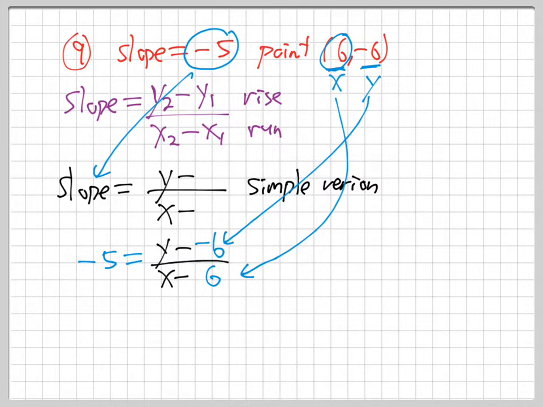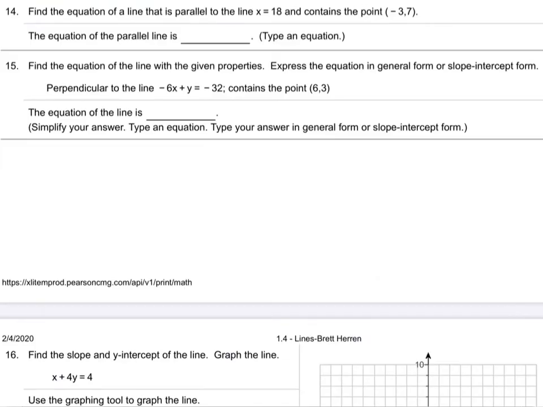Everybody see what happened then? So I'm just using the normal slope formula, except it's a simple version with plain y's and x's and blanks. Just pop the x and the y in the back of the x and the y and the slope on the slope side. So now I need to solve that equation for y. Let me come back over here and show you.